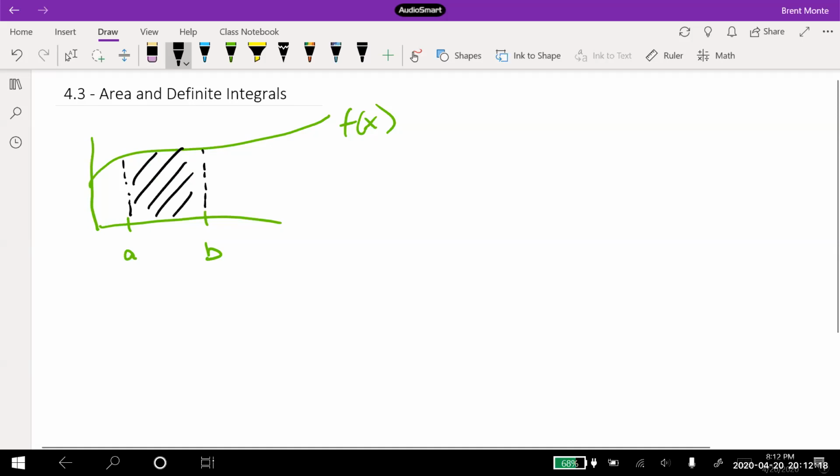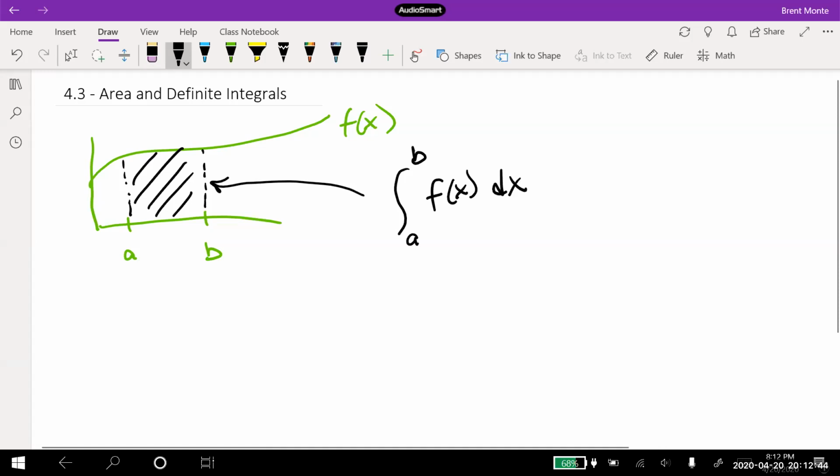Well, remember, we saw last time the area under the function is equal to the total change in the function. And so what we're talking about here are definite integrals. This area right here that we've highlighted, we can write as an integral from a to b, f of x with respect to x.